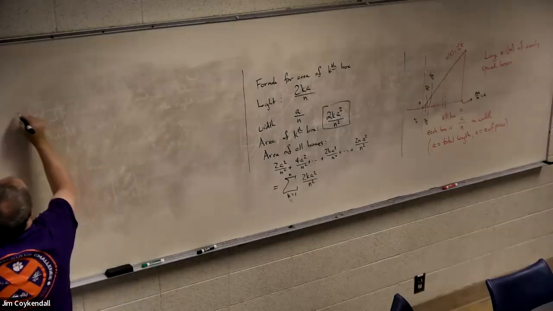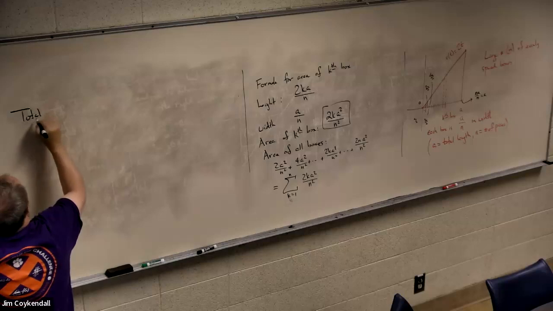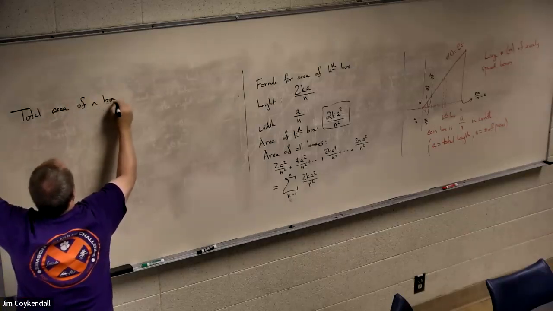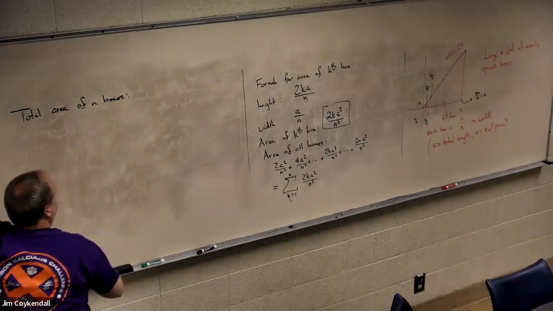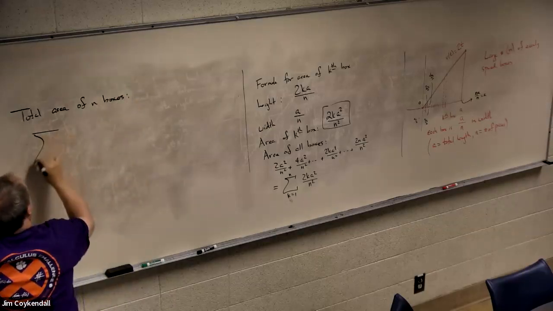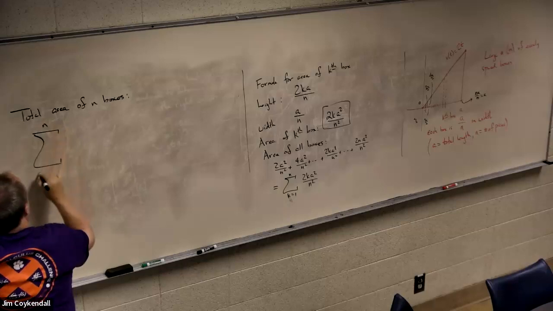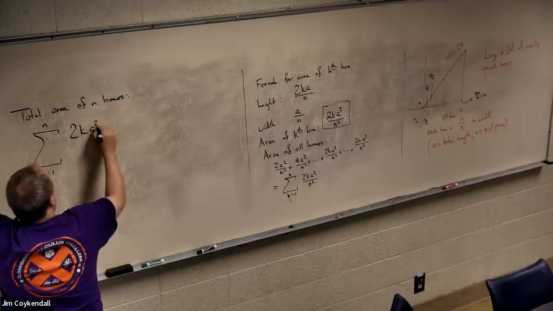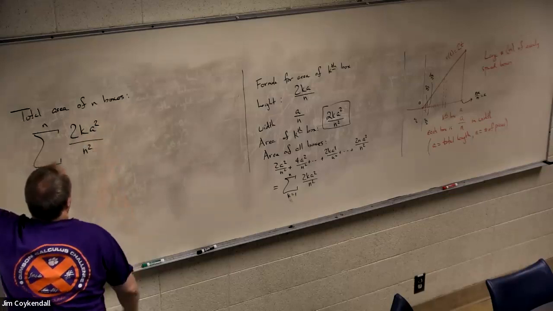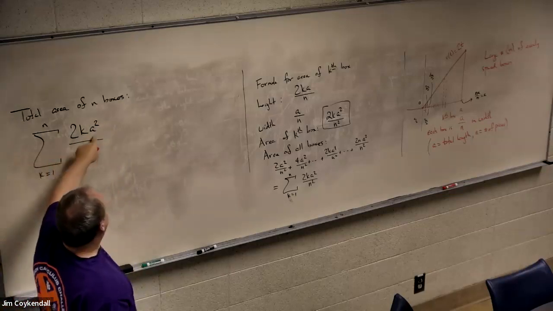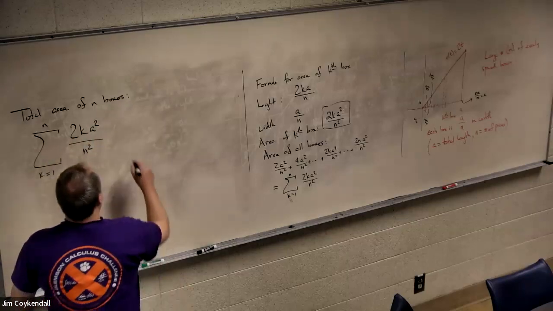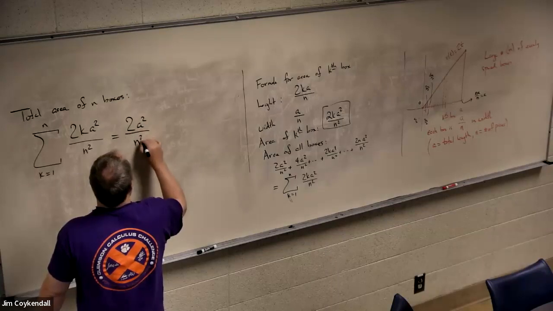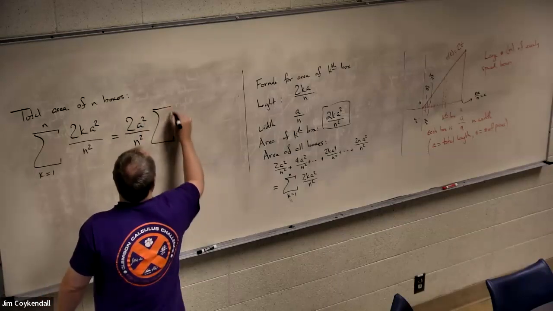The total area of n boxes is given by the sum of this thing I've got here, 2k a squared over n squared. Now, a and n are fixed at this point. So this is 2a squared over n squared times the sum of k.